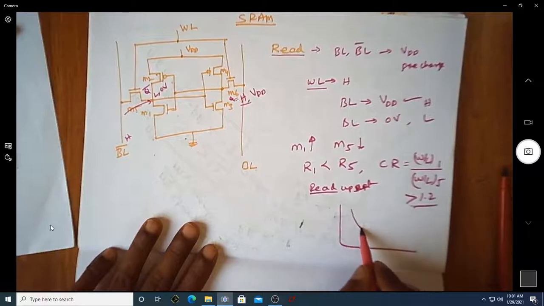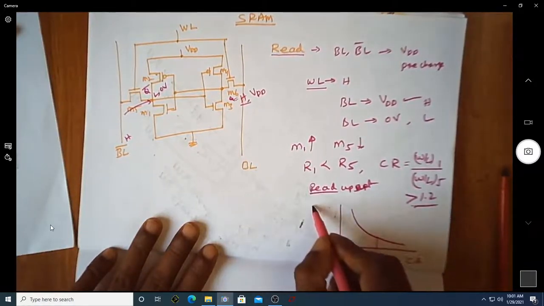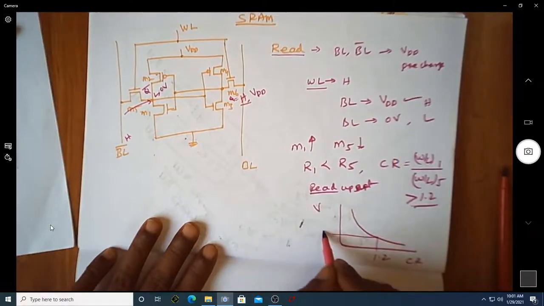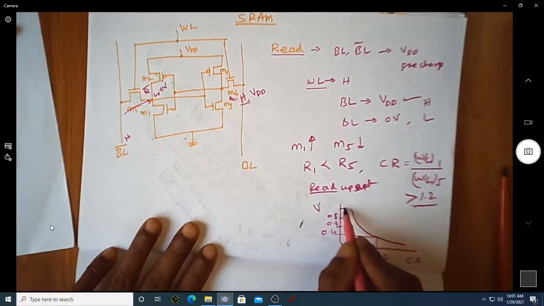This is how it was happening. This was 1.2 and this is CR, and this is the voltage. You can see this is 0.4, this is maybe 0.6, this is 0.8 and this is 1 volt.